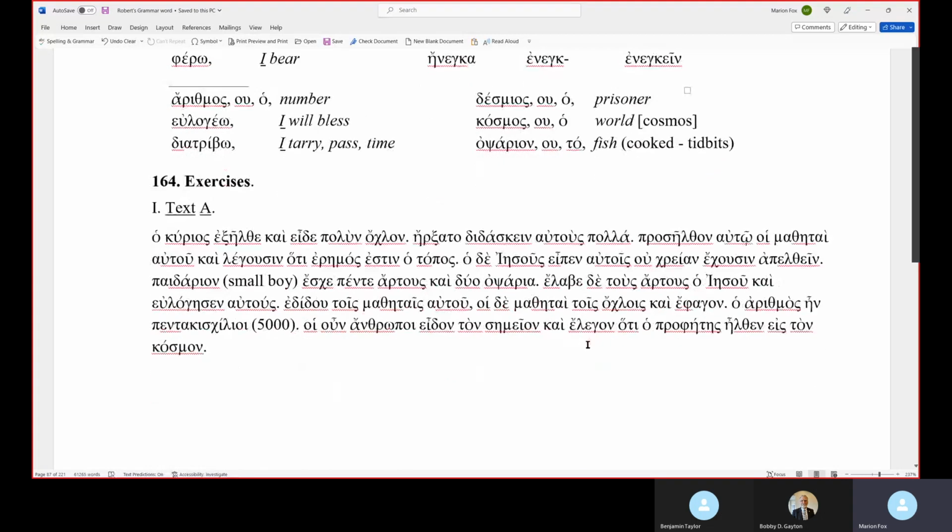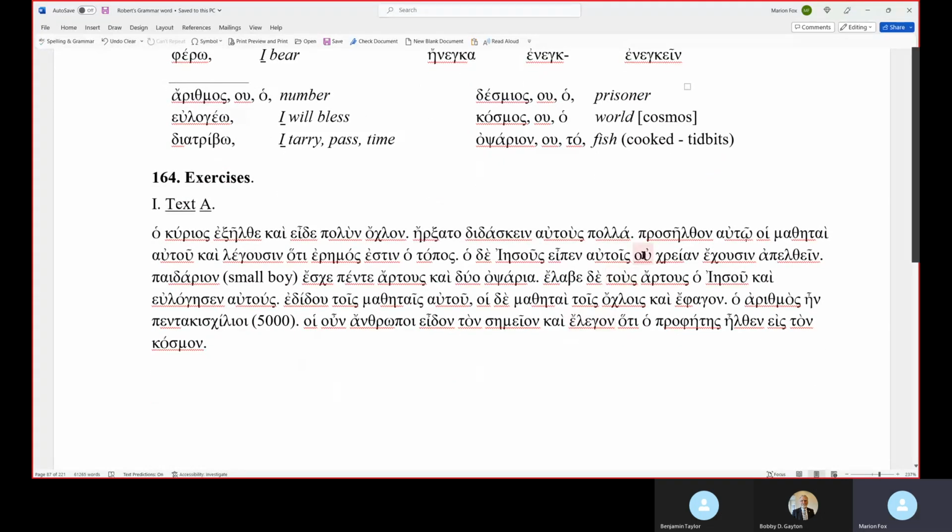So drew near, toward. They came toward him. The disciples came toward him or drew near to him. And what disciples? The disciples of him, so his disciples came near him.